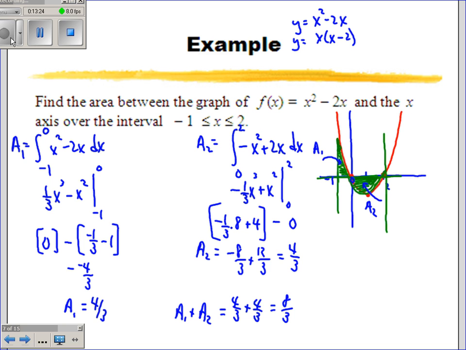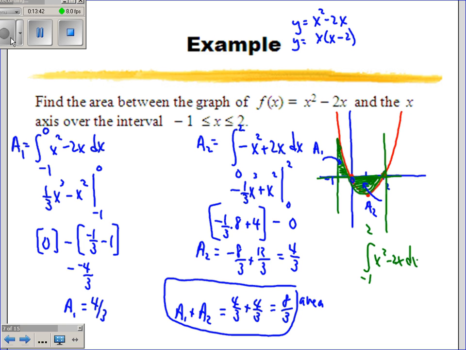So now what would have happened had we used our calculators and found the definite integral from -1 to 2? This is the total area. But had we just found the definite integral of x squared minus 2x from -1 to 2, what would we come up with? Well, since A1 came out to be 4/3 and A2 came out to be 4/3 and it's below the x-axis, we'd get 0.